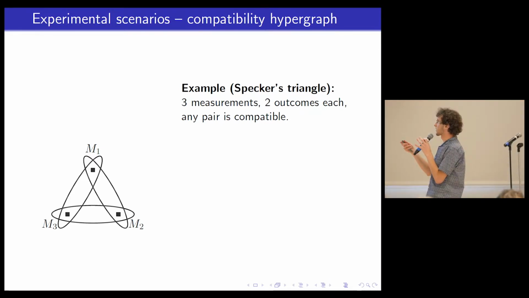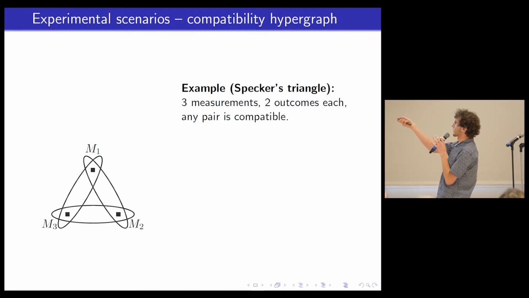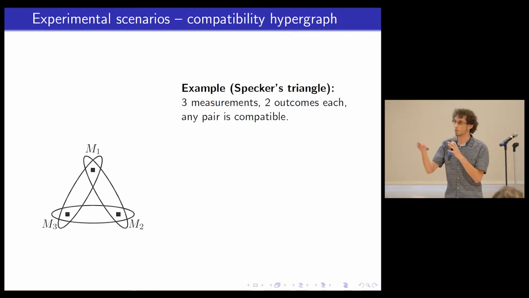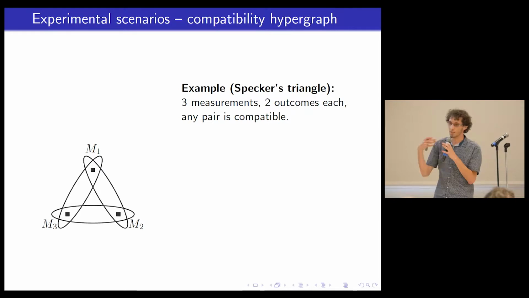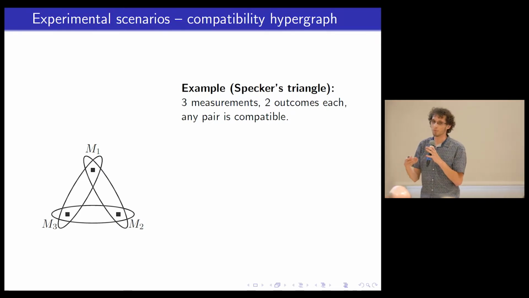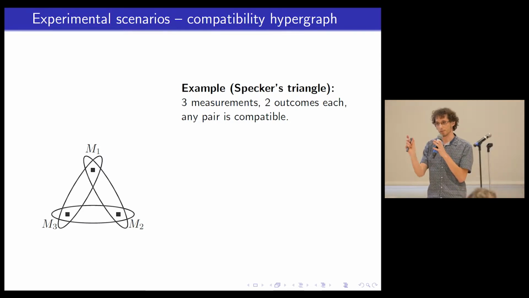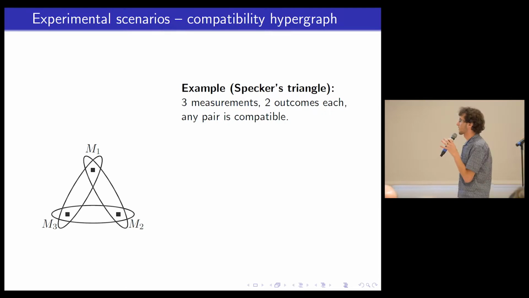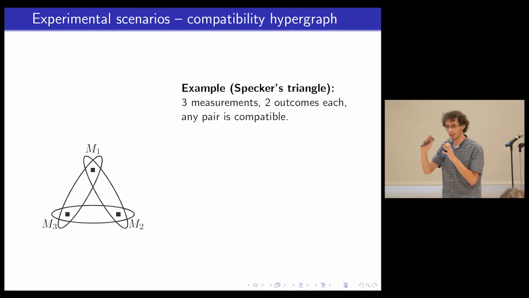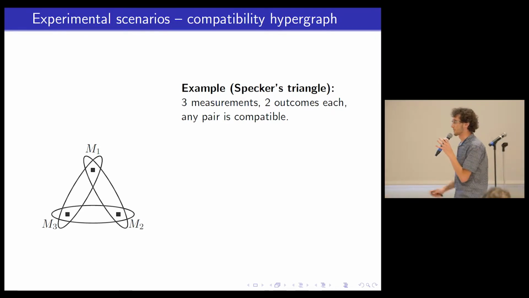One of the ways of describing them is in a structural way, using the compatibility structure of measurements. And the other one will be more statistical, which will only pertain to the outcome statistics or probabilities of certain outcomes. So let's start with the compatibility one, and we will try to connect them to make certain inferences.